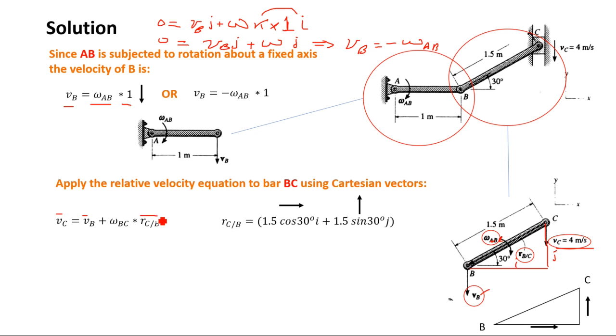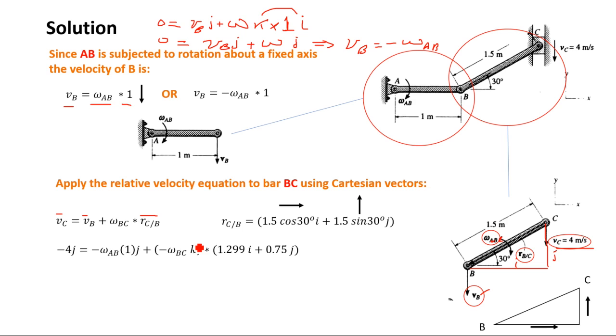Substituting into the equation, VC is minus 4j, VB is minus omega AB j, and omega BC k multiplied by 1.5 cosine 30 i plus 1.5 sine 30 j.